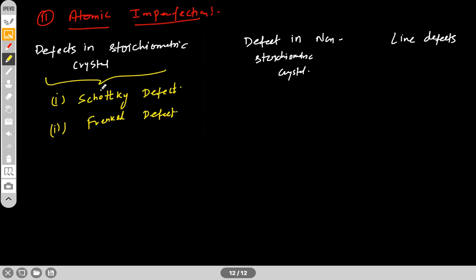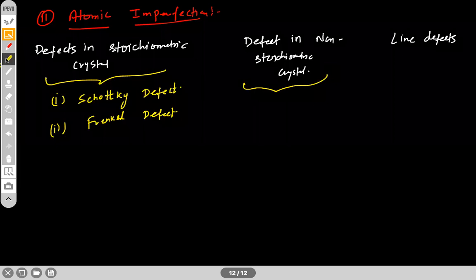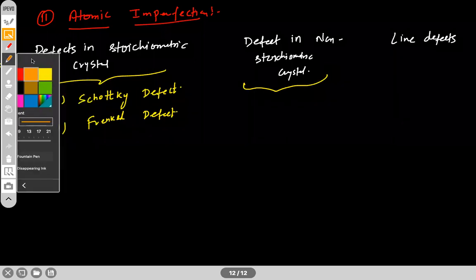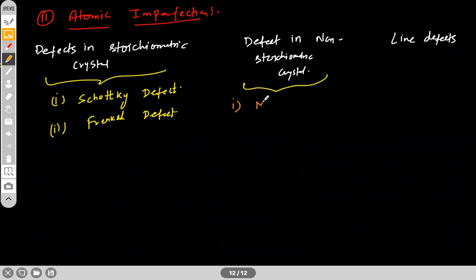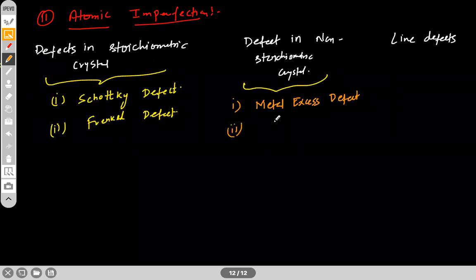In non-stoichiometric crystal, we have metal excess defect. Second one is metal deficiency defect.